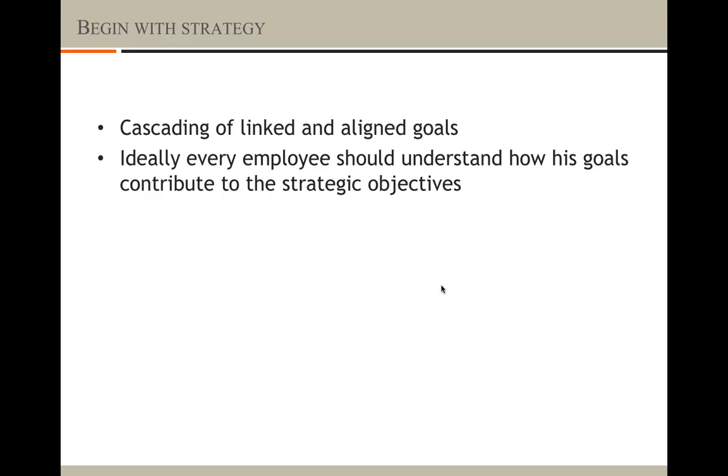The real power of these cascading goals is the alignment with the highest purpose of the organization, which is the strategy or the vision of the organization. It's a demand on every employee that he or she should understand the goals they are working on and the overall strategic objective of the organization, so that they are able to contribute towards their goals in an objective manner.